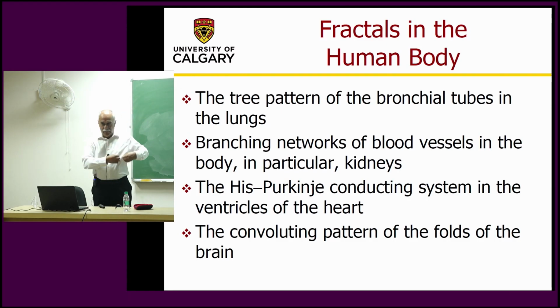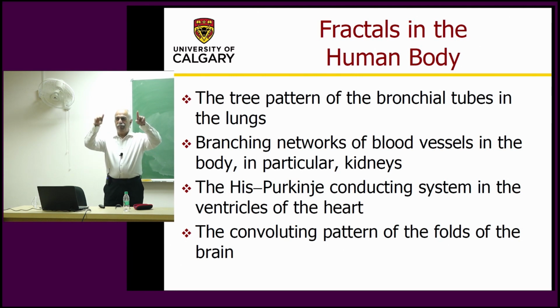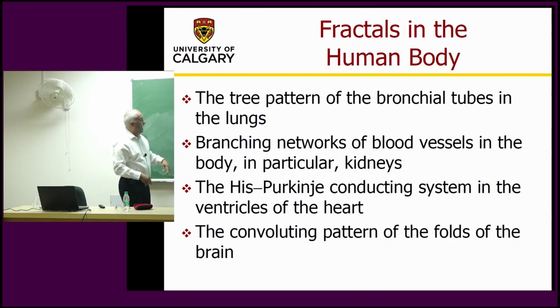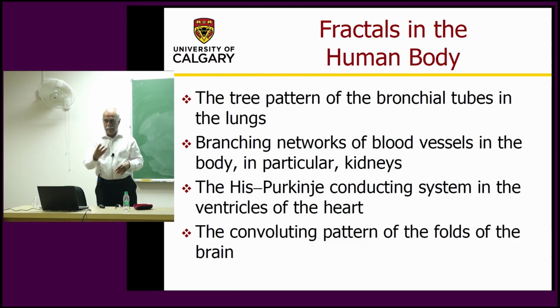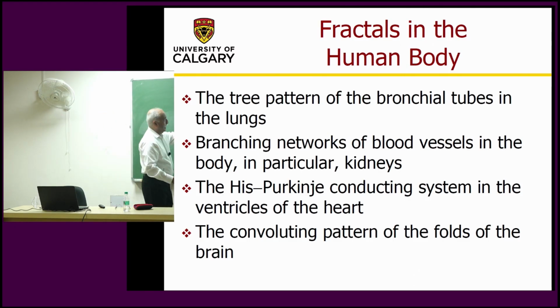And then when they go to the bottom of the heart, they suddenly branch into numerous sub branches. And that is called the His-Purkinje conducting system. So that branching pattern for rapid stimulation of the ventricles from the bottom up, that is triggered by this network, which is similar to all these branching patterns.